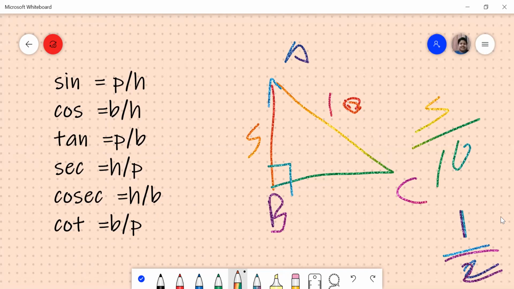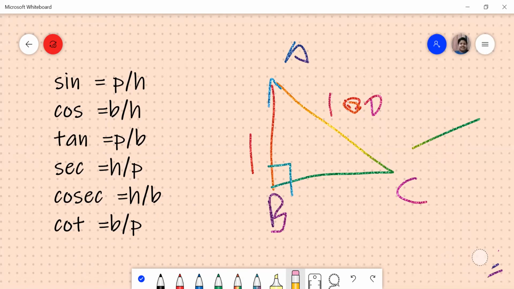Suppose I gave you 100 and 1. Your values are that, so the perpendicular is 1 and the hypotenuse is 100.